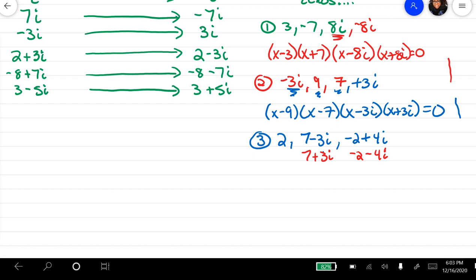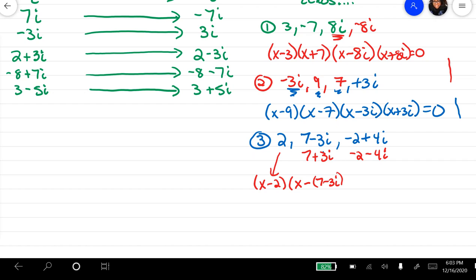So now when I'm writing this in factored form, it's going to be x minus 2. It's always the opposite. And it's going to be x minus 7 minus 3i. You could put this in parentheses, it's up to you. You don't have to.